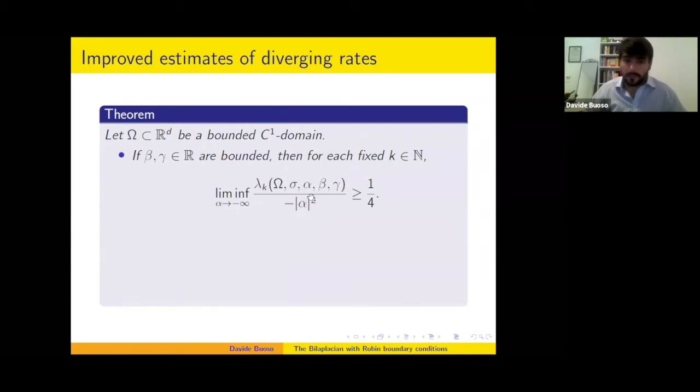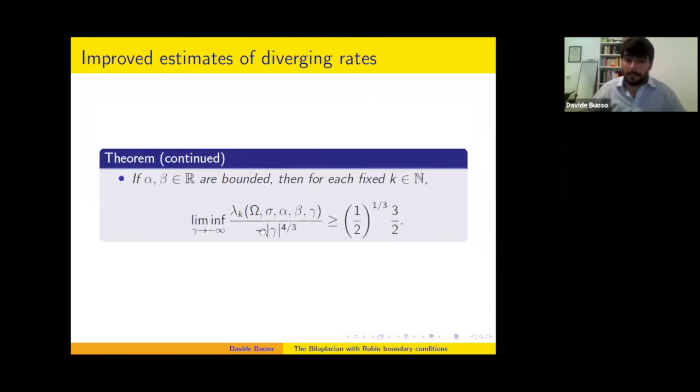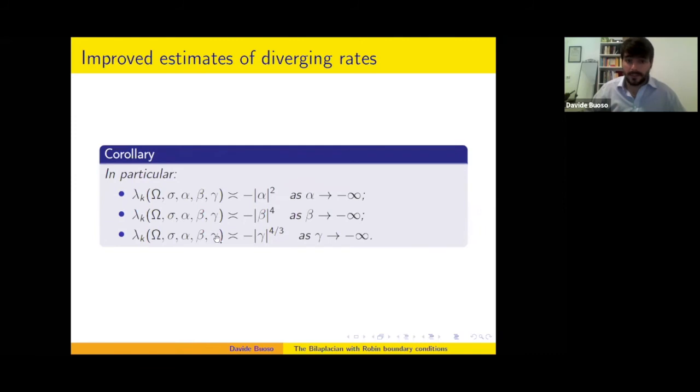So we see that indeed when alpha goes to minus infinity, the eigenvalues diverge as minus alpha squared. When beta goes to minus infinity, they diverge as minus beta to the 4th. And when gamma goes to minus infinity, they diverge as minus gamma to the 4/3. And this is essentially the summary.